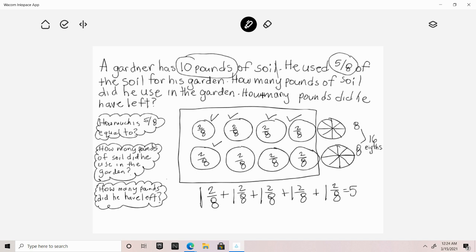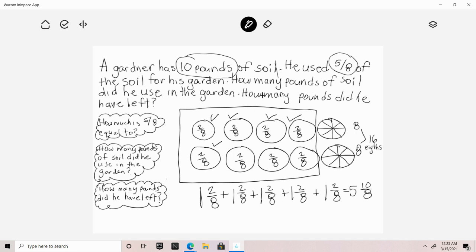But hold up, because we still have these 2 eighths that we need to combine. So we have the same denominators, so we're going to add the numerators: 2, 4, 6, 8, 10. And that gives us 10 eighths, which again goes back to what we were dividing in the first place, the 10 divided by 8, right?